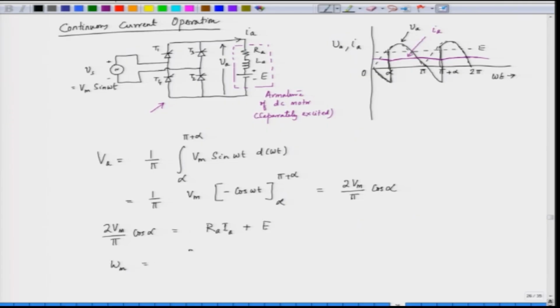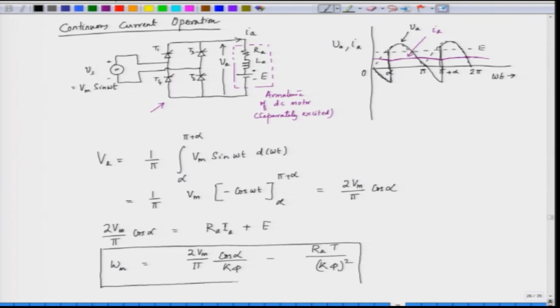Speed is equal to 2 V m by pi cos alpha divided by k phi, minus R A T by k phi square. This is the speed torque characteristic of a separately excited DC motor when the current is continuous.